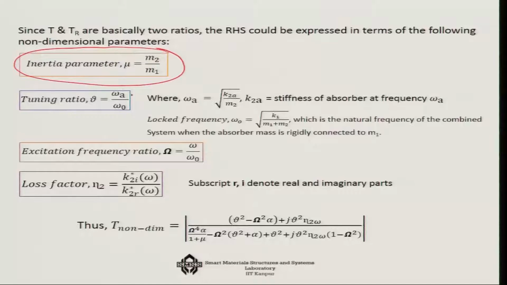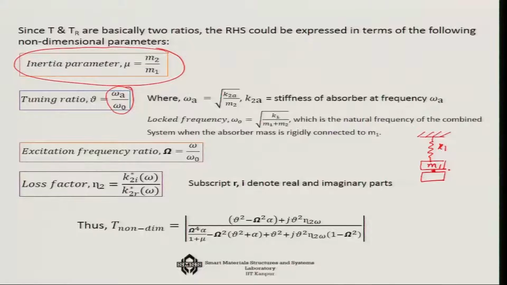Then you have the tuning ratio. The tuning ratio is a frequency ratio, omega a over omega 0, where omega 0 is called the locked frequency of the system. That means omega 0 is a non-dimensionalization with respect to a condition where you have k 1, you have m 1, and then m 2 is very rigidly connected with m 1.